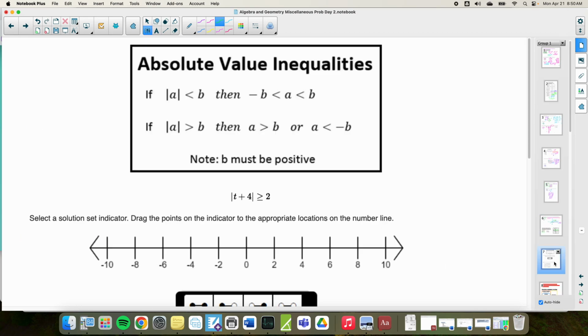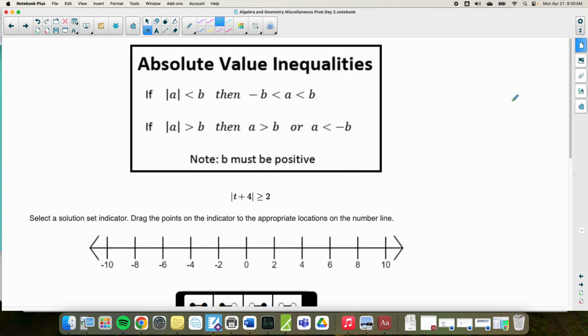We have 2 pages left that we have to do. Okay? So if you guys remember absolute value inequalities, Haley taught you guys this. I teach this one a little bit different, and I'm gonna show you that way just to see if that makes more sense to you guys.